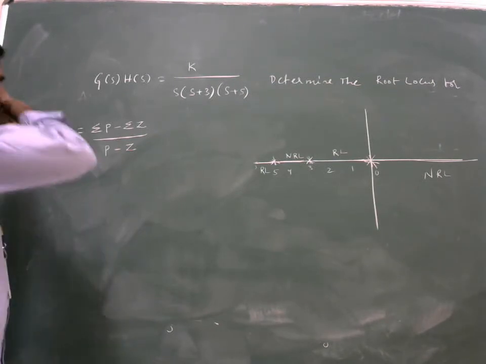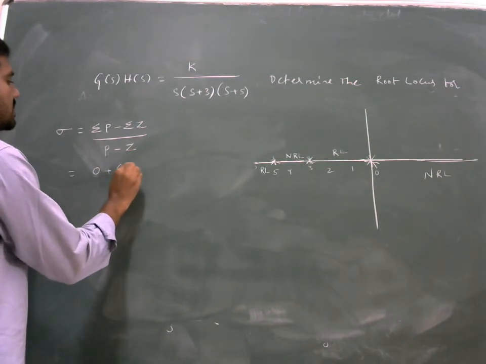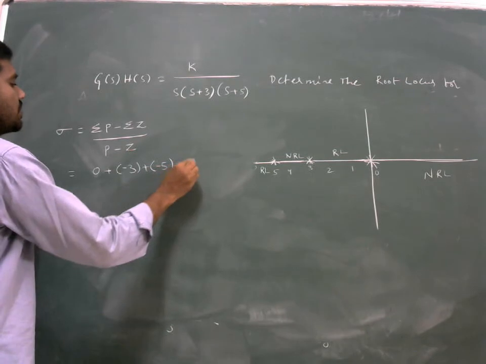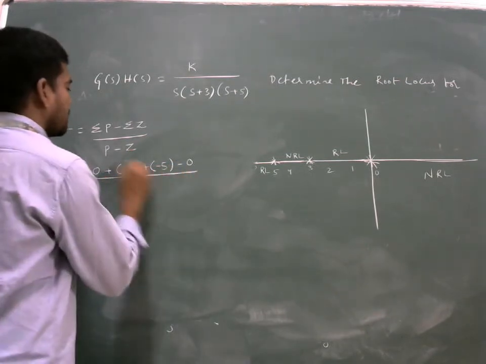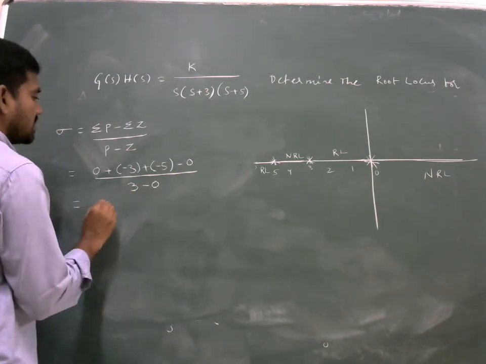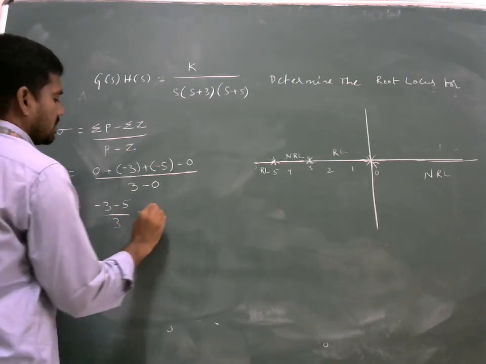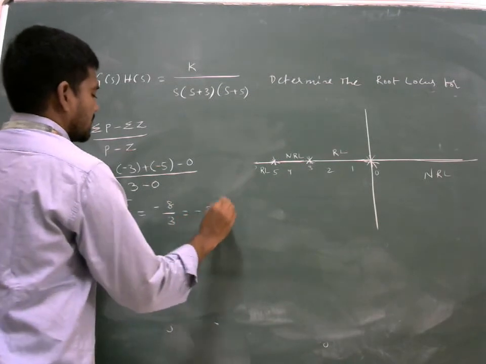What is the summation of poles? 0 plus minus 3 plus minus 5, minus 0. There are no zeros. Divided by number of poles, which is 3 minus 0. It is minus 3 minus 5 by 3, which is minus 8 by 3.